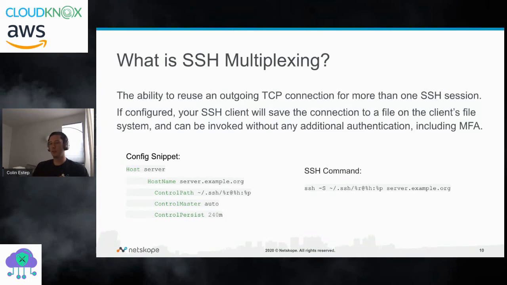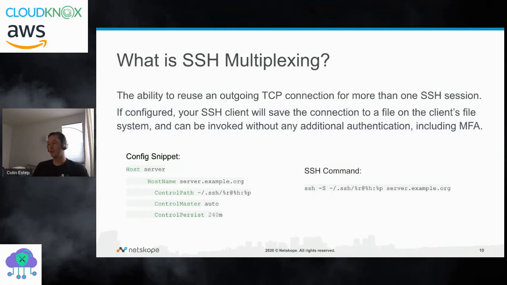So I have a little example here. There's just a small config snippet on the left side, and that shows how easy it is to set this up for multiplexing. At the bottom, you'll see ControlPersist 240 minutes. That's how long I can keep that connection active and then still call the SSH session back up. On the right-hand side, I have the command that I could use to do it.